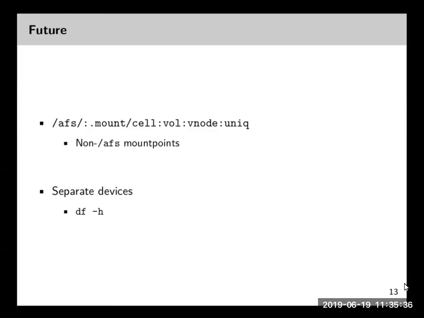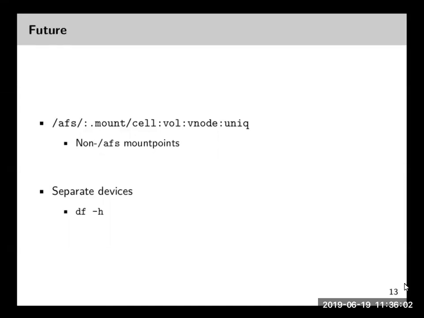And that approach has the very obvious problem that it doesn't work with non-/afs mount points. We don't have any way right now of seeing what you actually used for /afs. The afsd does not tell the kernel, it just does the mount itself. We could add something to do that, but it's better to just use real mounts with separate devices. That would make things a lot easier to deal with.